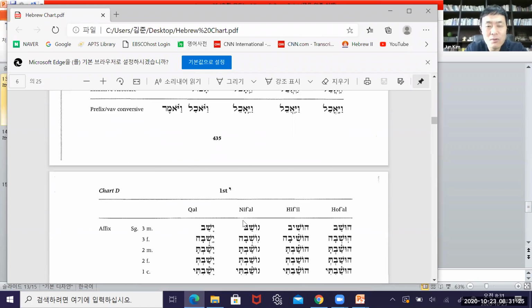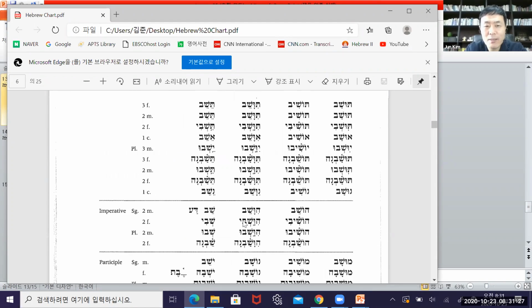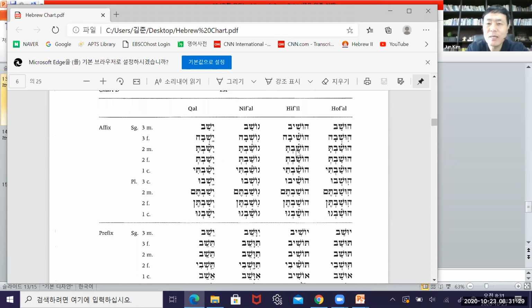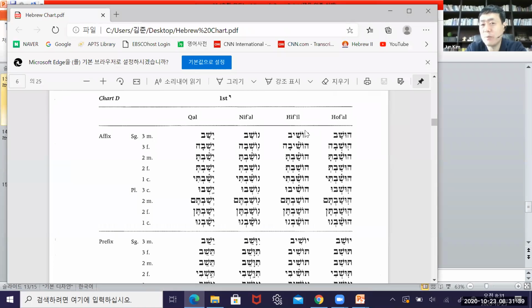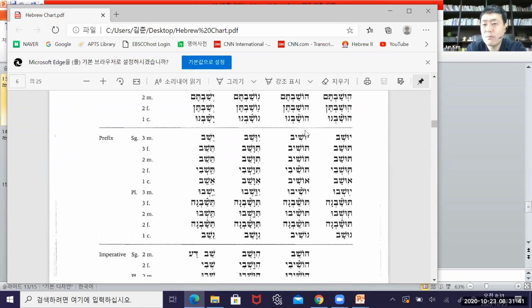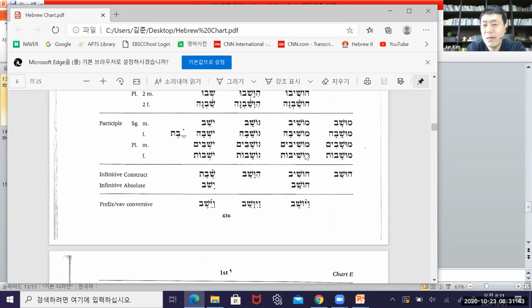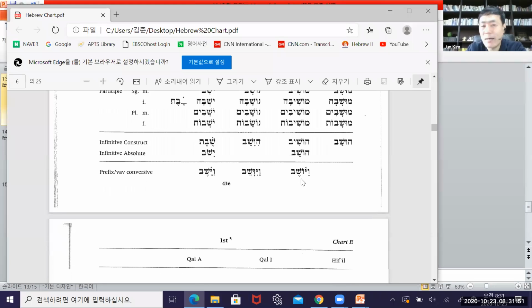Let's go to first yod verb. Hifil, as I said, should come together with the preformative he and holem, as you can see. That's why it cannot be a first yod verb in the Hifil. So there is no reason for yashab to come with he.